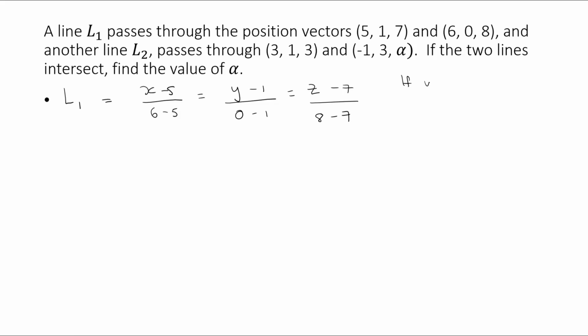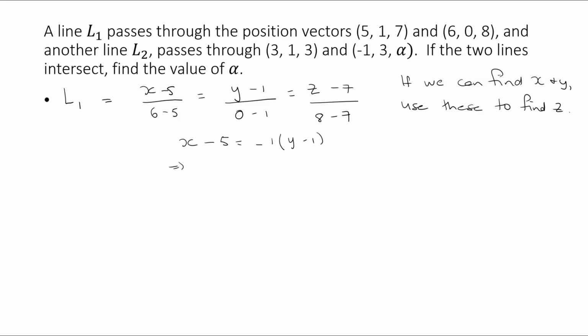And if we can find x and y, then we can use these to find z. So if we just use, say, the first two and rearrange those, we would end up with x - 5 is equal to -1 times (y - 1), which we could rewrite further as x - 5 = 1 - y. And let's call that 1.